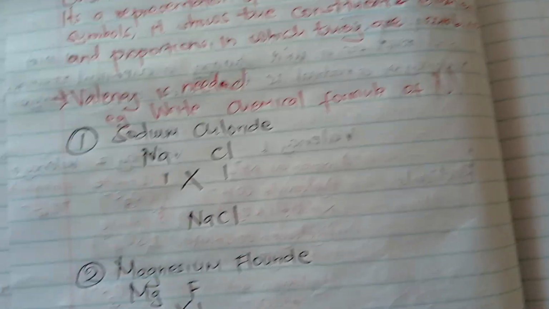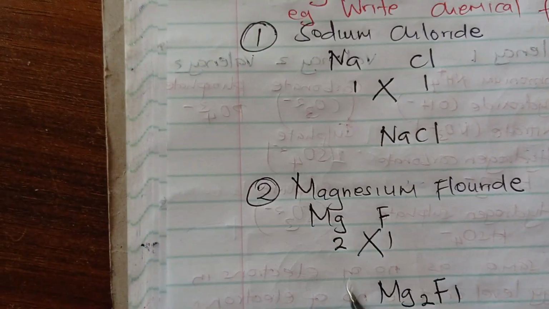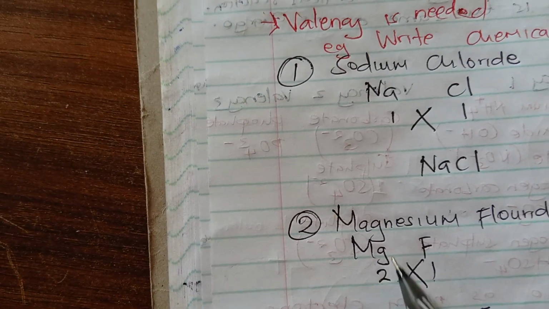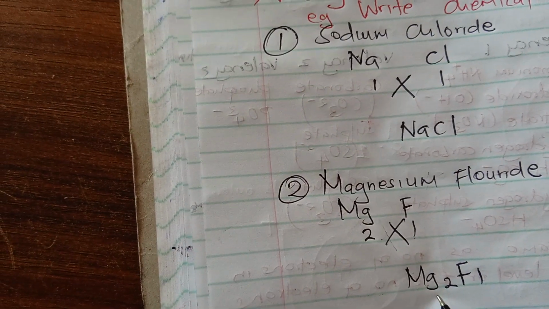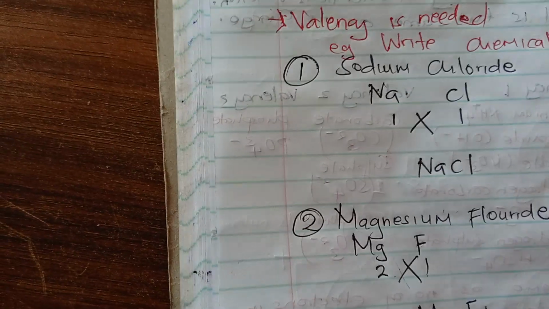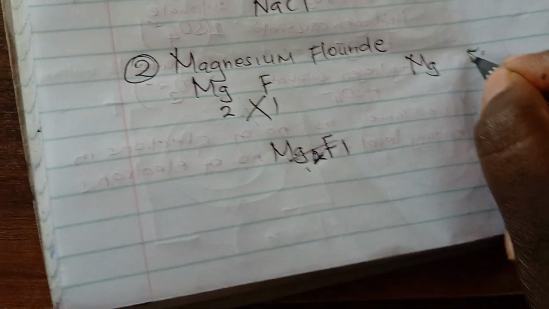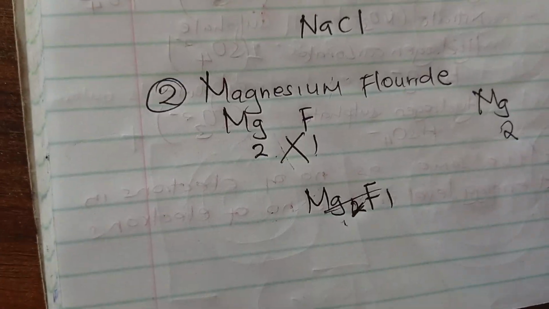So for magnesium fluoride, you see, magnesium is valency 2, fluorine is valency 1.